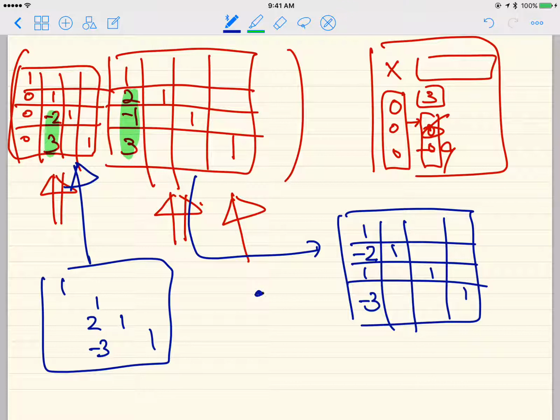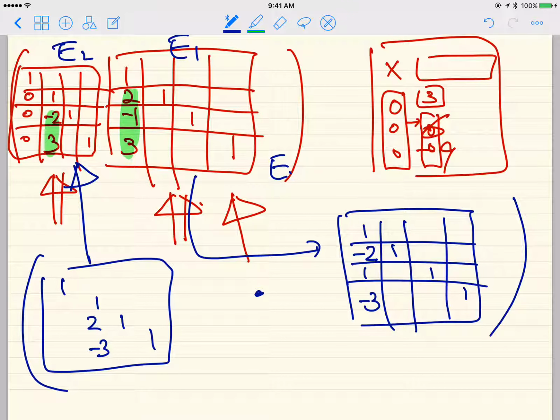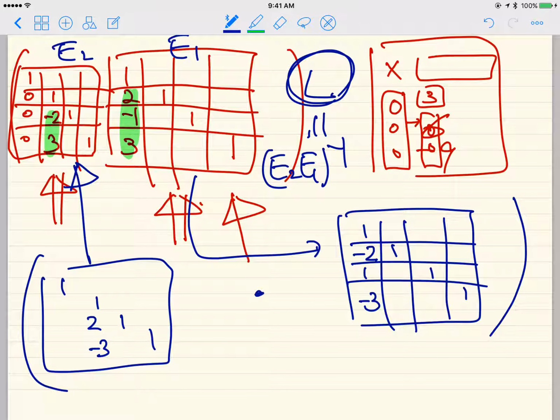Then what about the product of these two? We have to switch the order, right? Because for E2, E1, we have to obtain the inverse of it. So the inverse of E2, E1 will be our matrix L in the LU factorization.